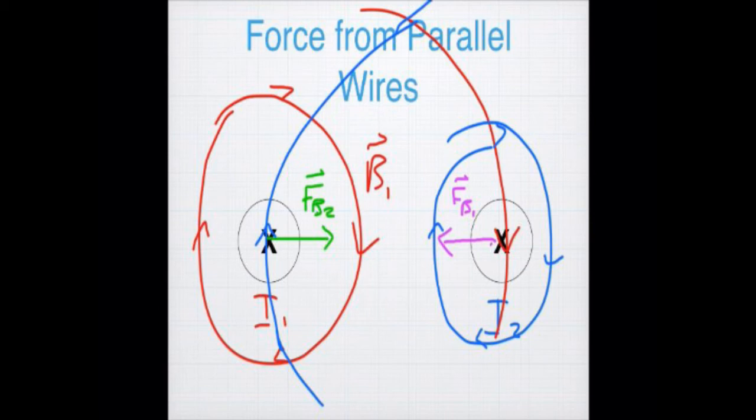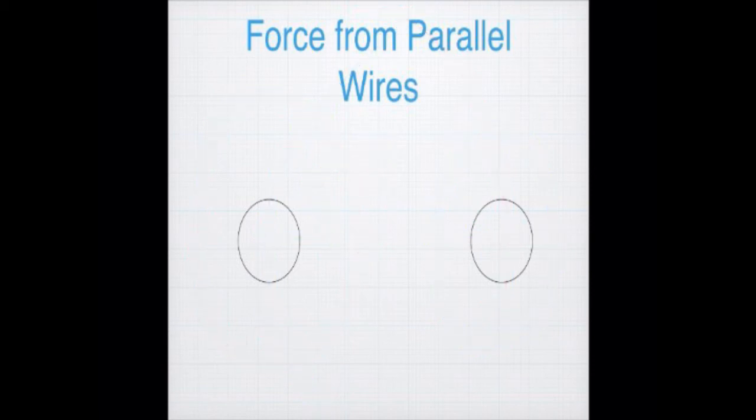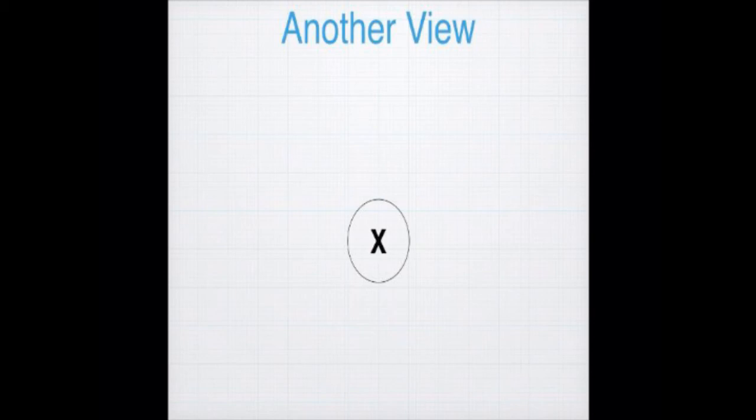To actually calculate the magnitude of the magnetic field created by a wire, the magnetic field equals mu naught I over 2 pi r, where r is the distance from the wire.